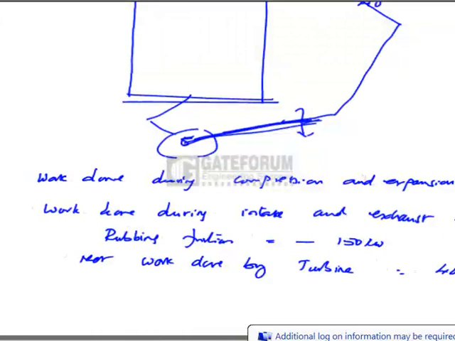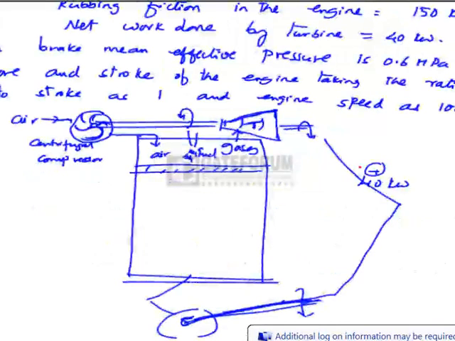This 40 kilowatts of work is given by the turbine to the crankshaft.